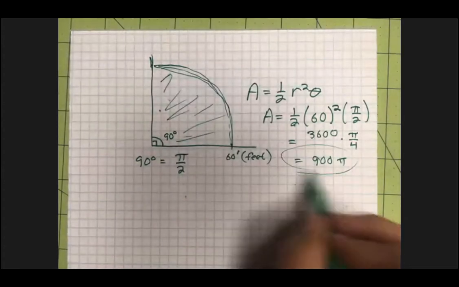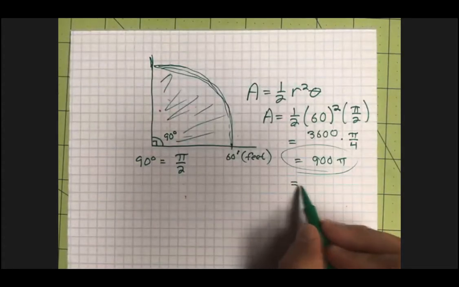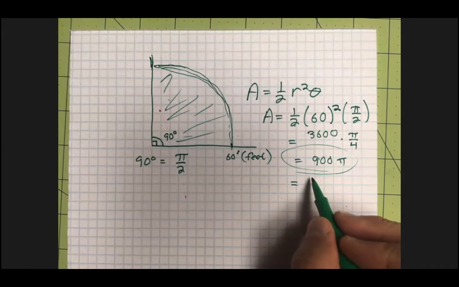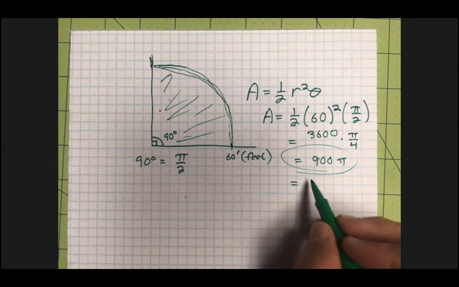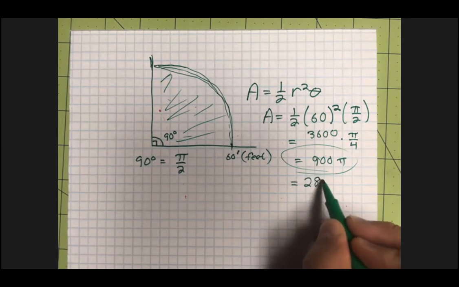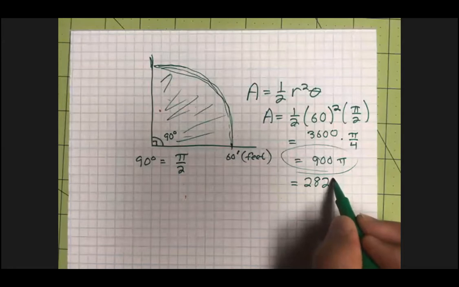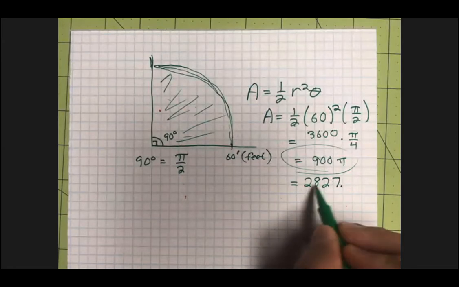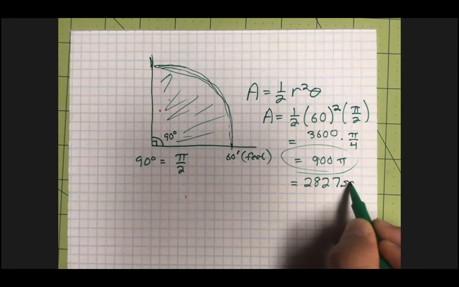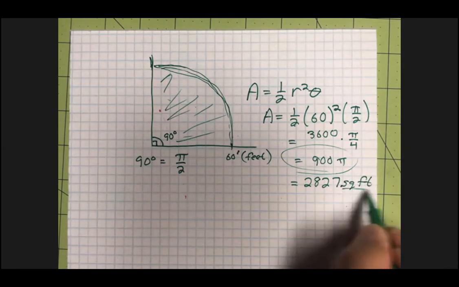Okay, area 900 pi, but again, how much grass seed do you need today, Mr. Redmond? Oh, give me about 900 pi square feet. They would just kick me out of the lawn and garden center. I want about 3,000 square feet. Of course, we know it as 2827 square feet. Always add the units.